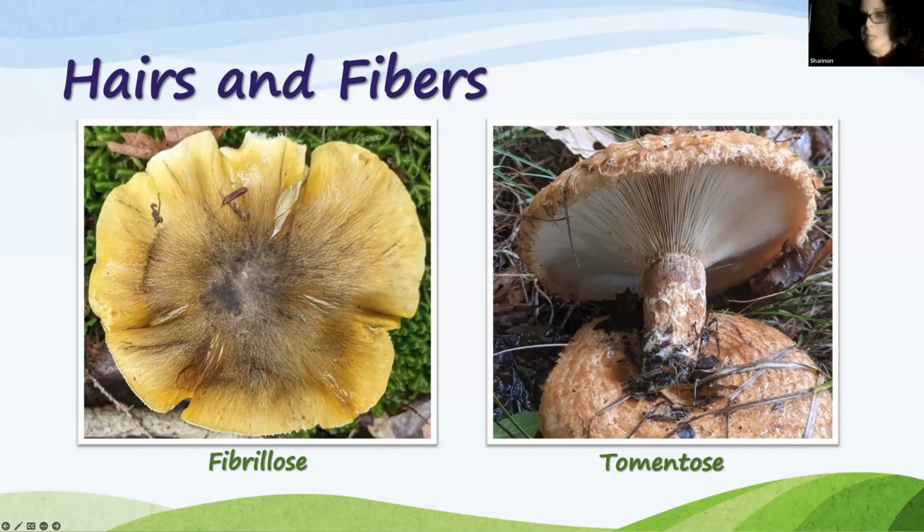And every permutation has a different name associated with it. Some authors will be very precise and give you terminology that reflects all three of those characteristics. Other authors will just simply call it a hairy cap. Know that there are different types of hairy, but when we talk about hairy, we're talking about the right-hand example and not the left-hand example.